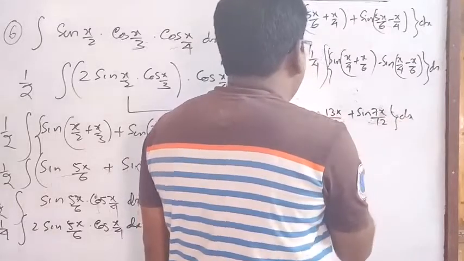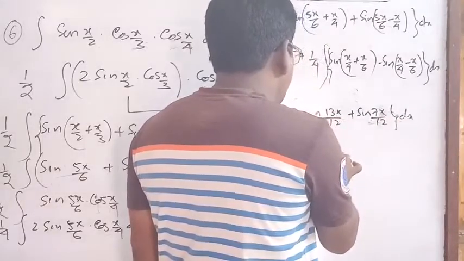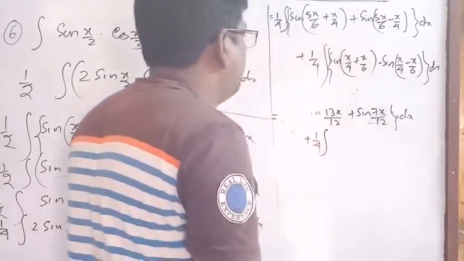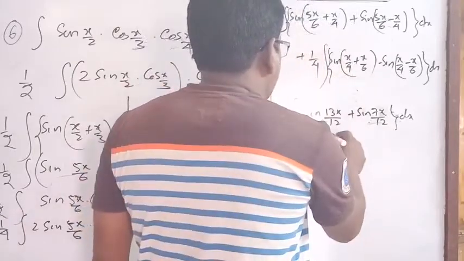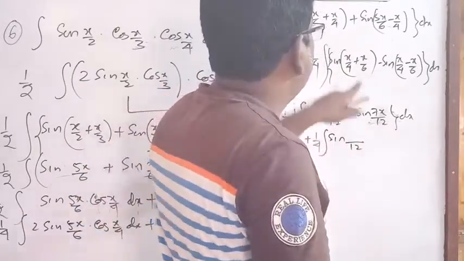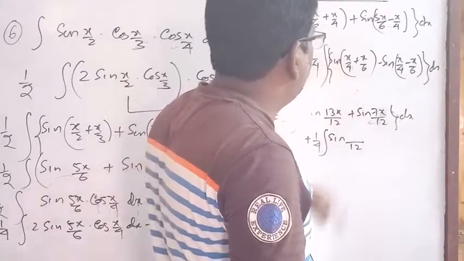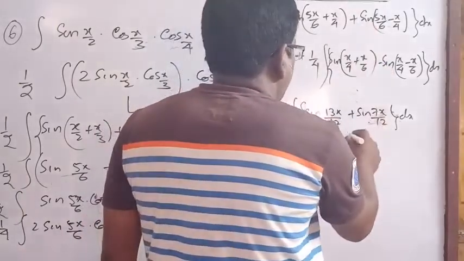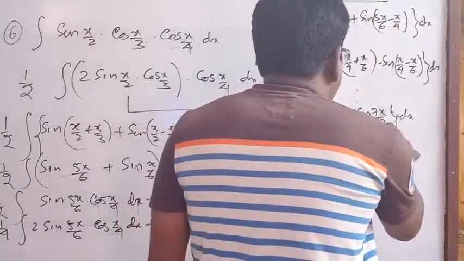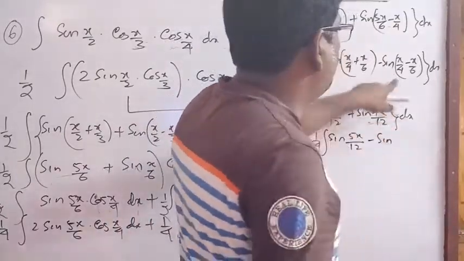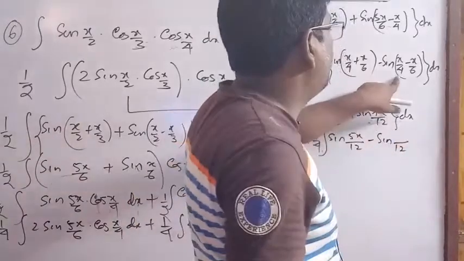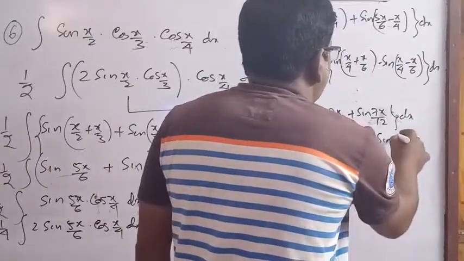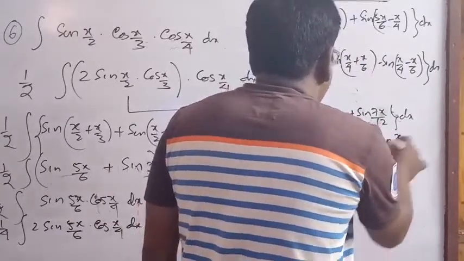dx plus 1 by 4 into integration of sin of LCM 12, this is 3x and this is 2x, 5x, minus sin of LCM 12, this is 3x and this is 2x, 3x minus 2x, x, dx.